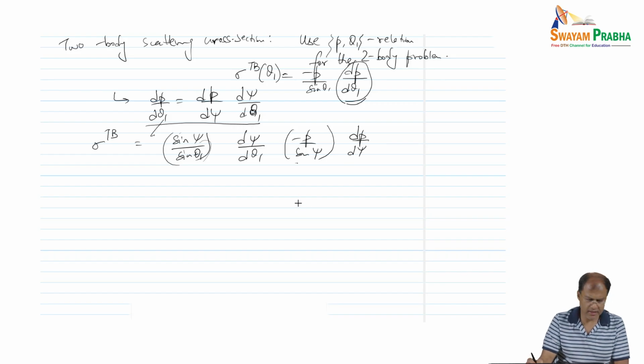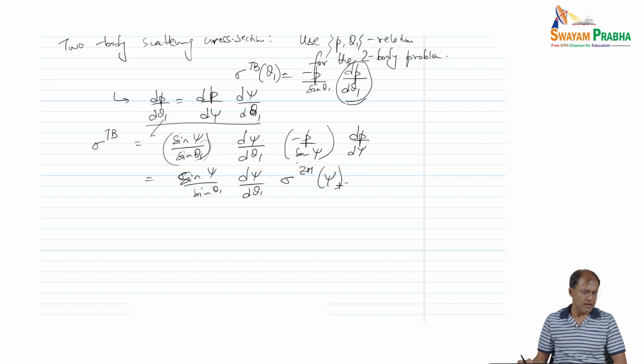So this sigma two-body is also sine of psi by sine of theta 1 times d psi d theta 1 times sigma ZM psi.